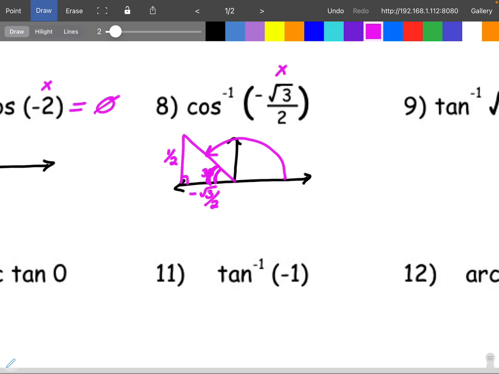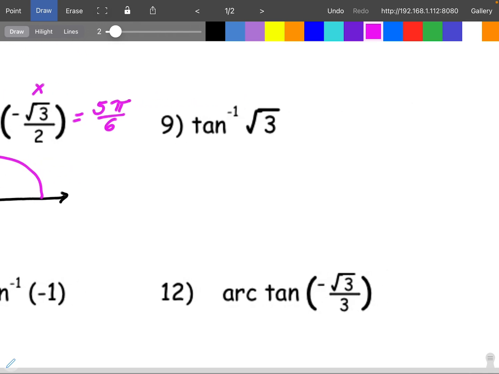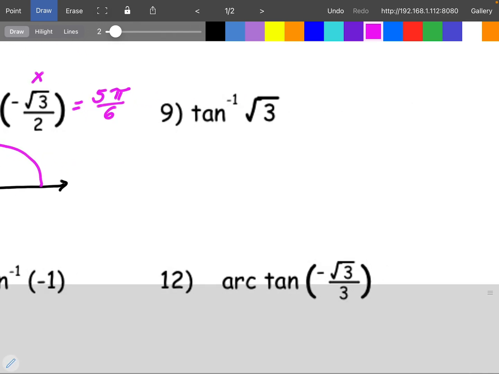So this is pi/6 away from pi, which is the same thing as 6 pi/6, and then this is pi/6 away from it, that means that would have to be 5 pi/6. So my answer is 5 pi/6. So you're looking at what angle would this be 1/2 and this be -√3/2. All right, so that's our cosine.